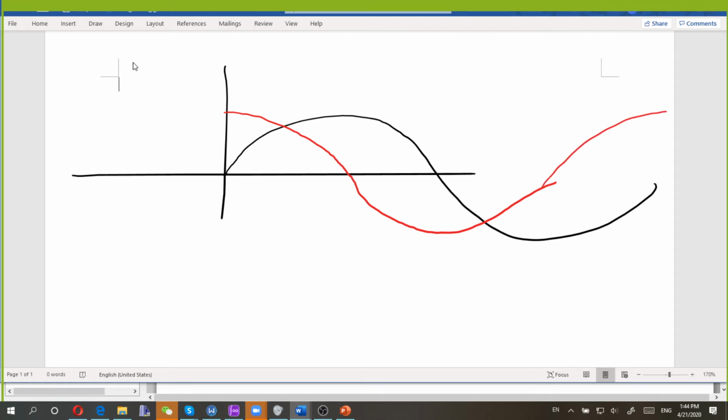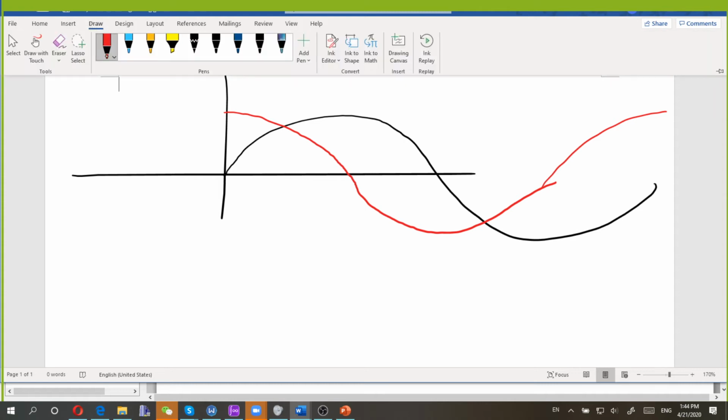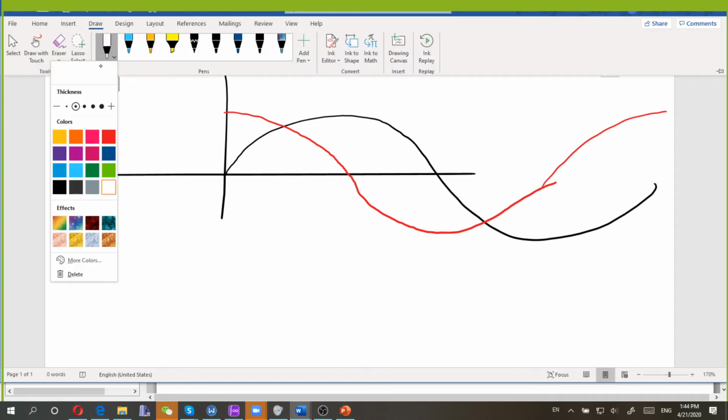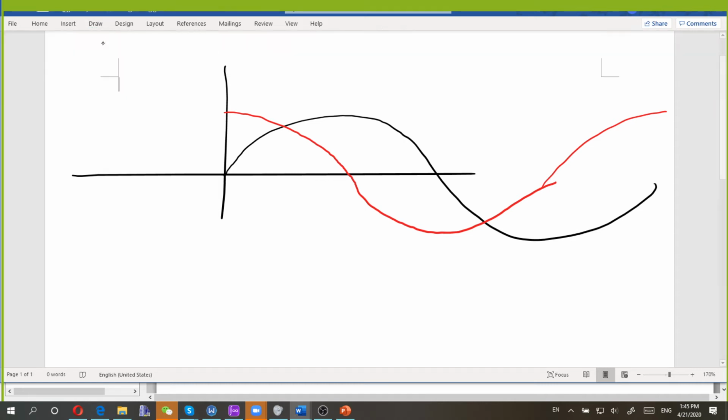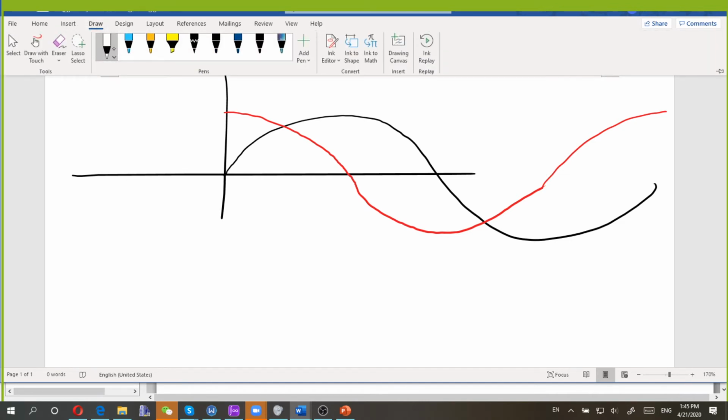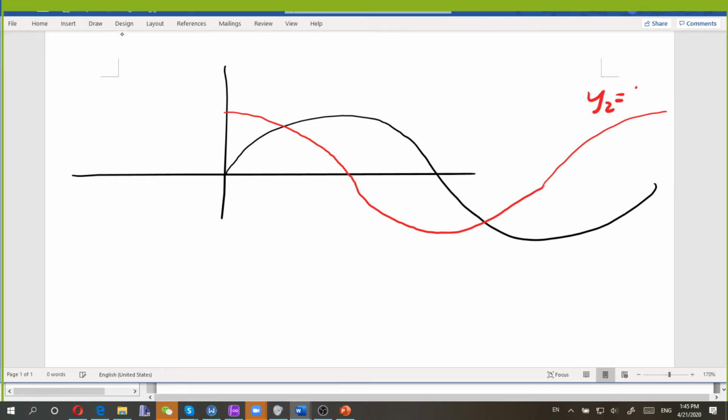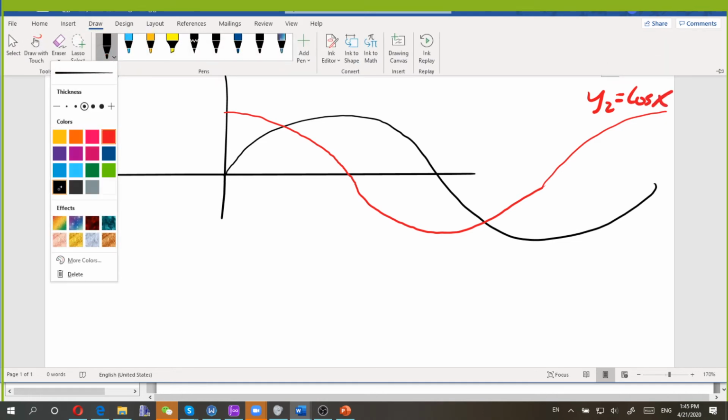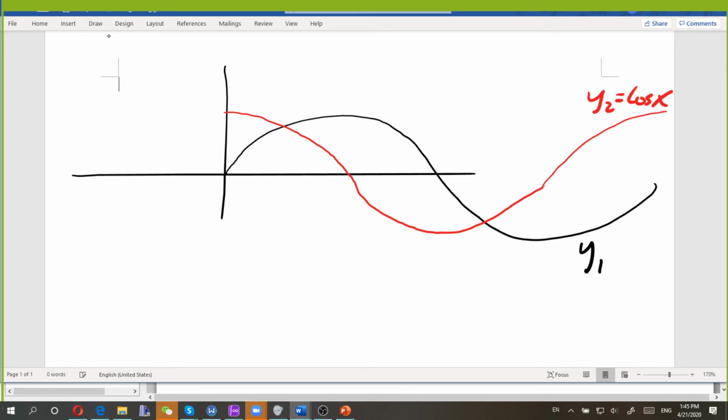So this is y2 is cosine, and y1 is sine.